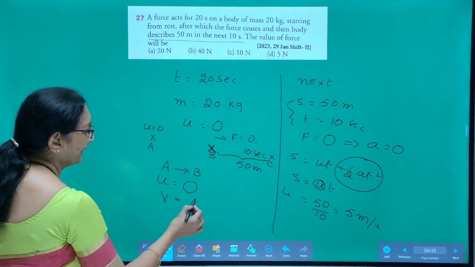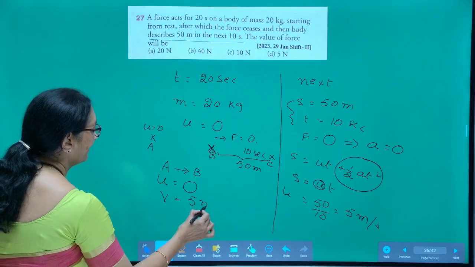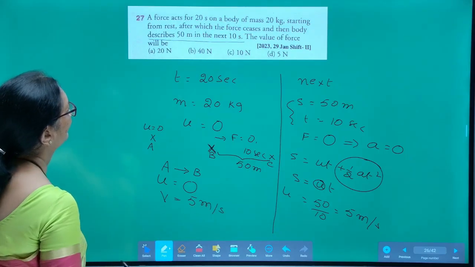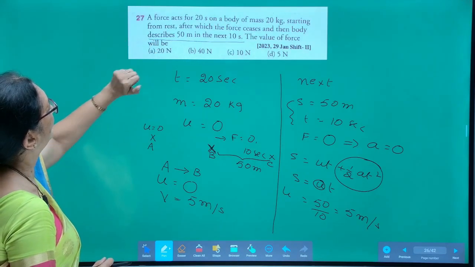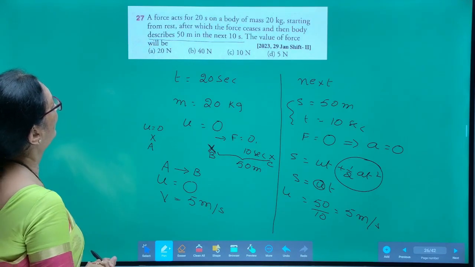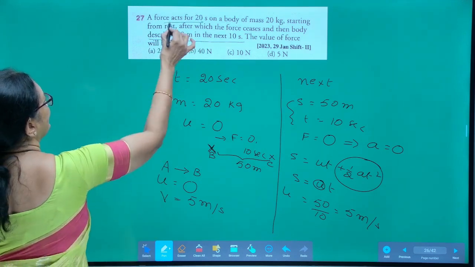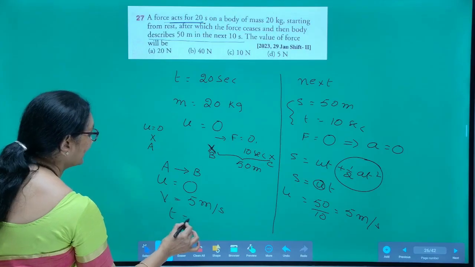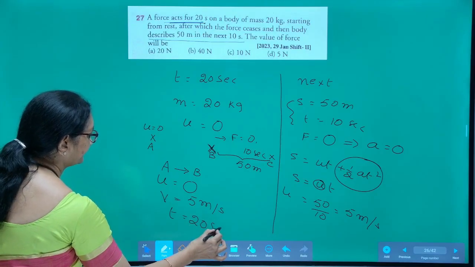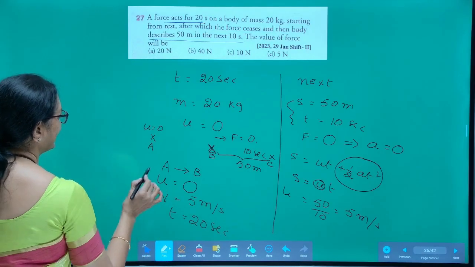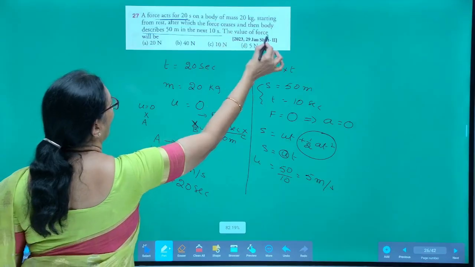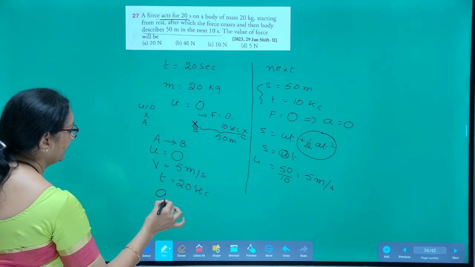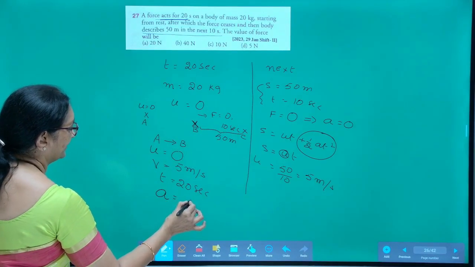So at B, its velocity is 5 meter per second, right? Then, what is the value of this force that acts on the body for 20 seconds? So what is acceleration? Because you are asked to find the force. To find the force, you need to find out acceleration.